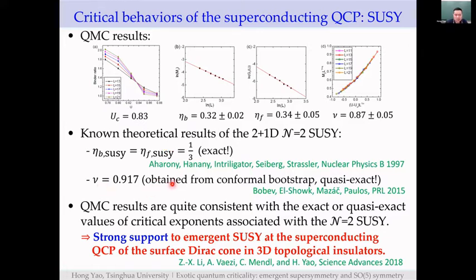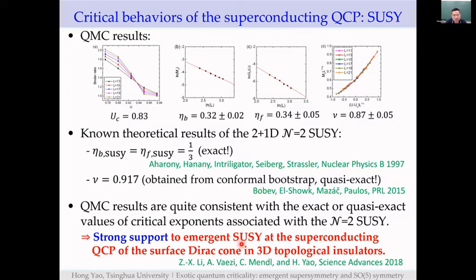Moreover, from the conformal bootstrap calculation, the correlation length exponent is about 0.917. Our numerical result is also consistent with this correlation length exponent obtained from conformal bootstrap. So our numerical results are quite consistent with the exact or quasi-exact values of the critical exponents associated with N equal to 2 SUSY.